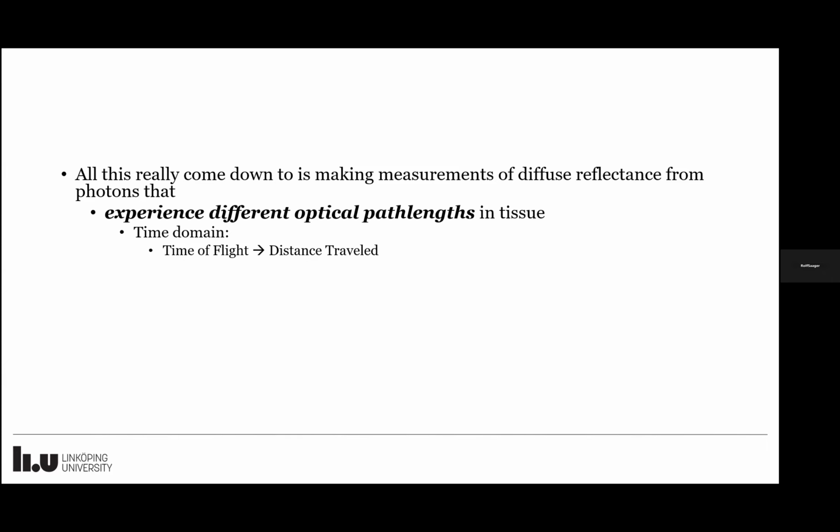So one photon or collection of photons travel a certain distance, experience something, someone goes a little bit further, may experience slightly more of one thing or the other, and that's how you're able to kind of parse out the differences. In the spatial domain, the distance from source to detector constrains that it has to travel a longer distance. And so that's this kind of differential path length.